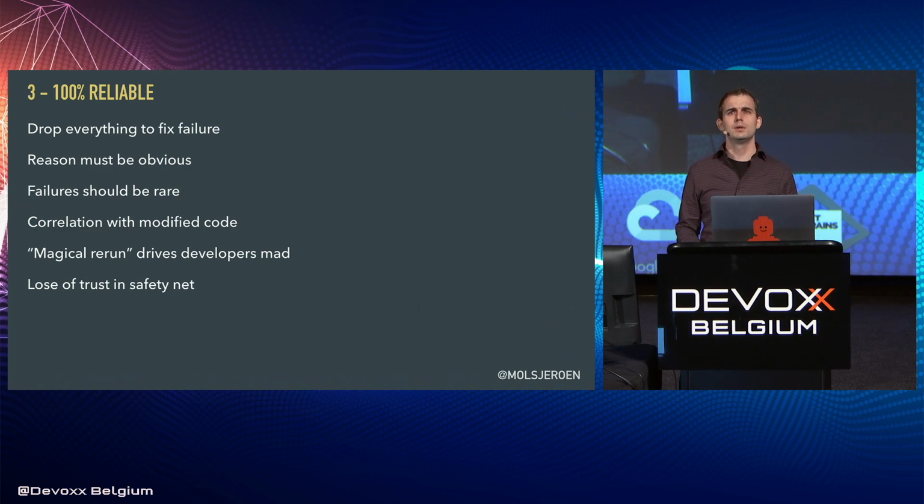You're just going to assume it's going to be a random failure again, so I'm just going to wrap up my feature and we'll take care of that later. So what you're actually doing is you're losing your trust in your regression safety net. And if you don't trust the test you write, why are you writing tests in the first place, right? So you cannot accept any flakiness in your tests.